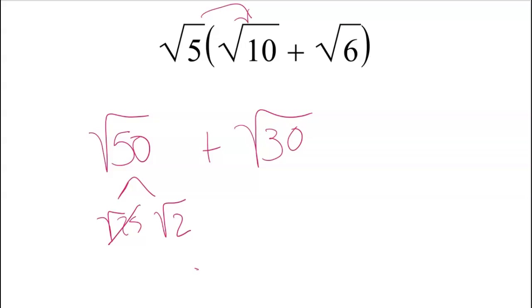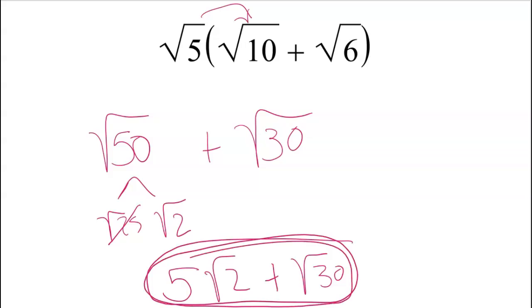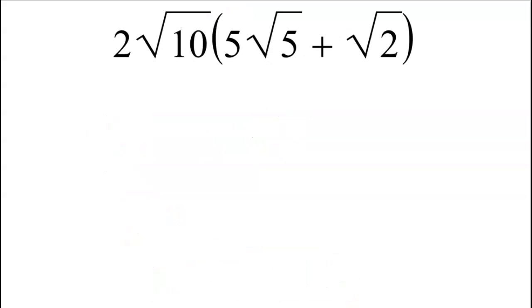So 25 goes down to 5 radical 2 plus radical 30. Is that right?